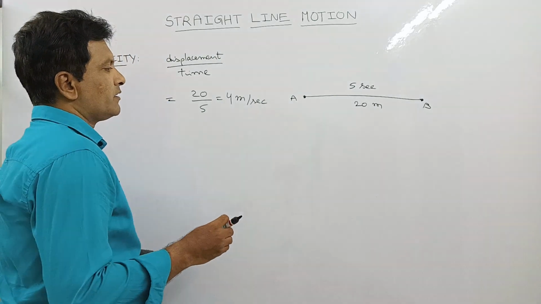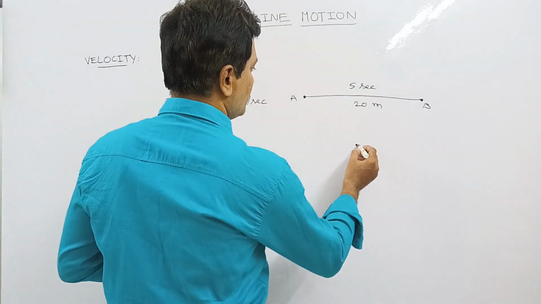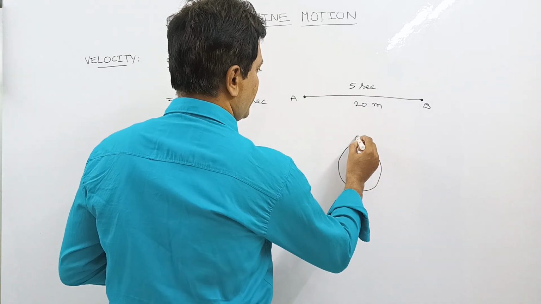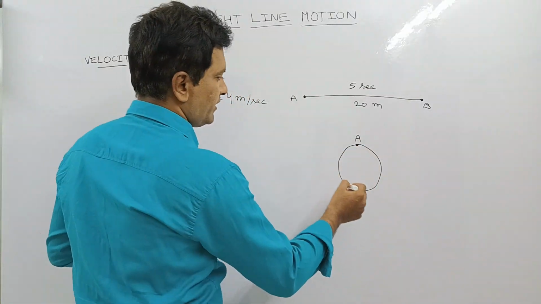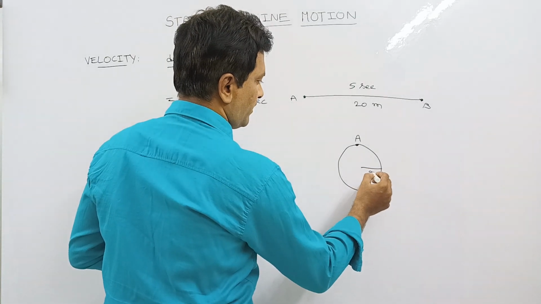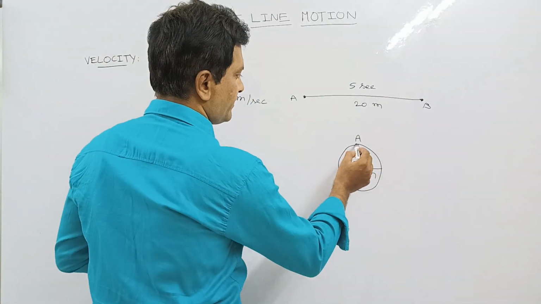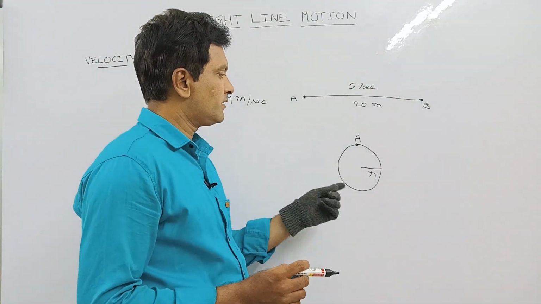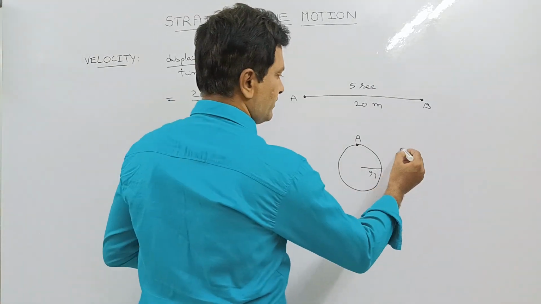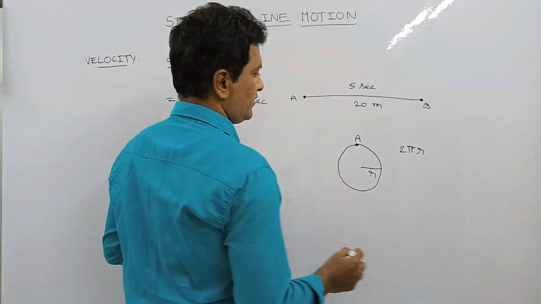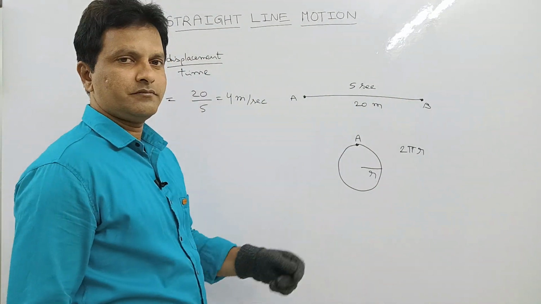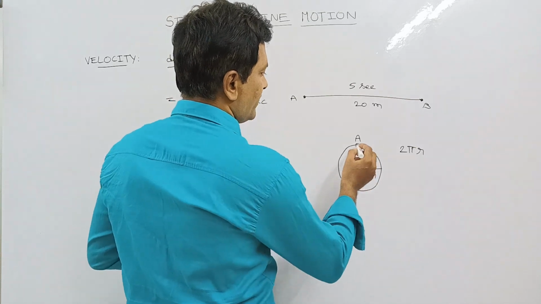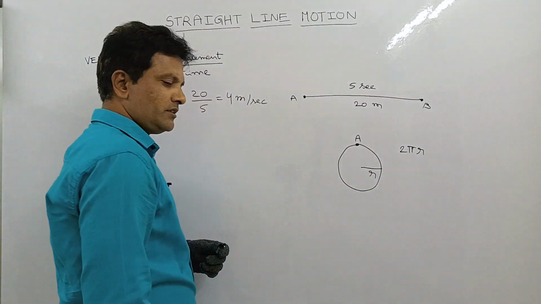See here, if an object is moving in a circular path, it has started at A and traveled in a circular path, the radius of the circle is R, and ended at the same point. Now here the distance covered is 2 pi r, the perimeter of the circle, and the displacement is 0. Why is displacement 0? Here the initial and final point is the same.